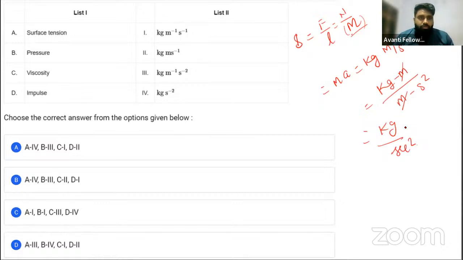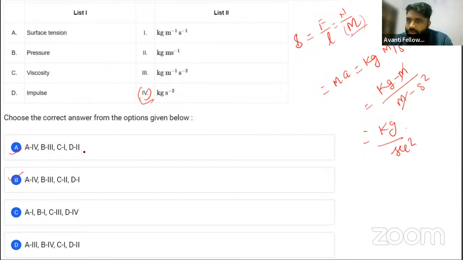So it will become kilogram per second square. For option A, where is the kilogram per second square? Here. Option fourth is the correct one for A. So A is fourth. We are now restricted to these two options. B is third in both of them, which means B obviously has the third answer. These types of questions include a lot of logical reasoning.